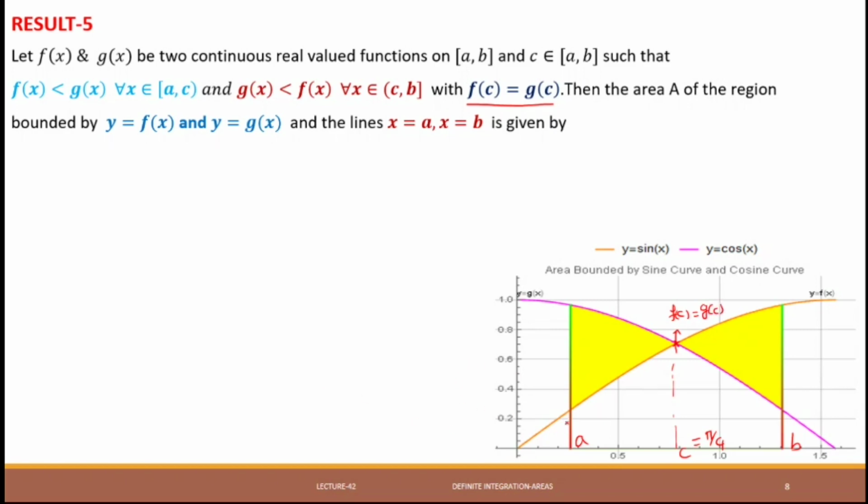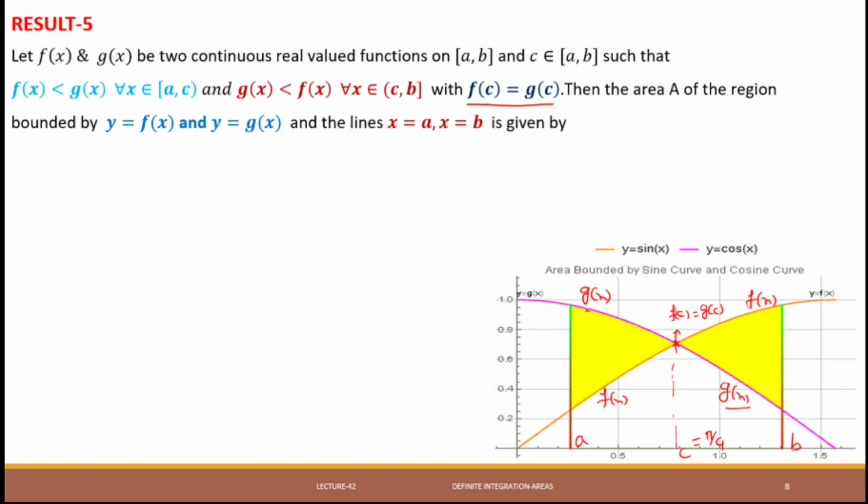Now in this interval a to c, f of x is less than g of x. That means this is the curve g of x and this is the curve f of x. Now after c, the g of x curve will go below and after c f of x will be above. Now in this interval c to b, f of x dominates g of x. Dominates means f of x is greater than g of x. Graphically it means the graph of f of x lies above the graph of g of x in this interval.